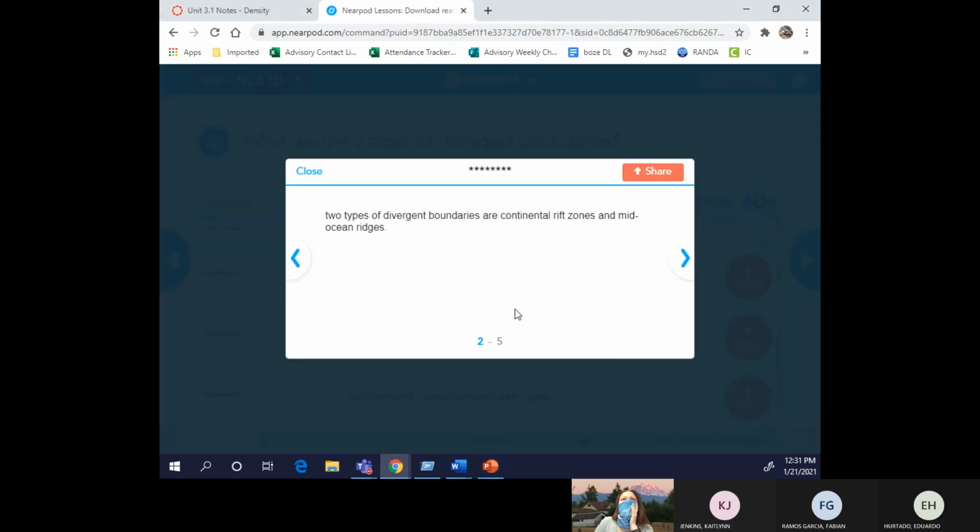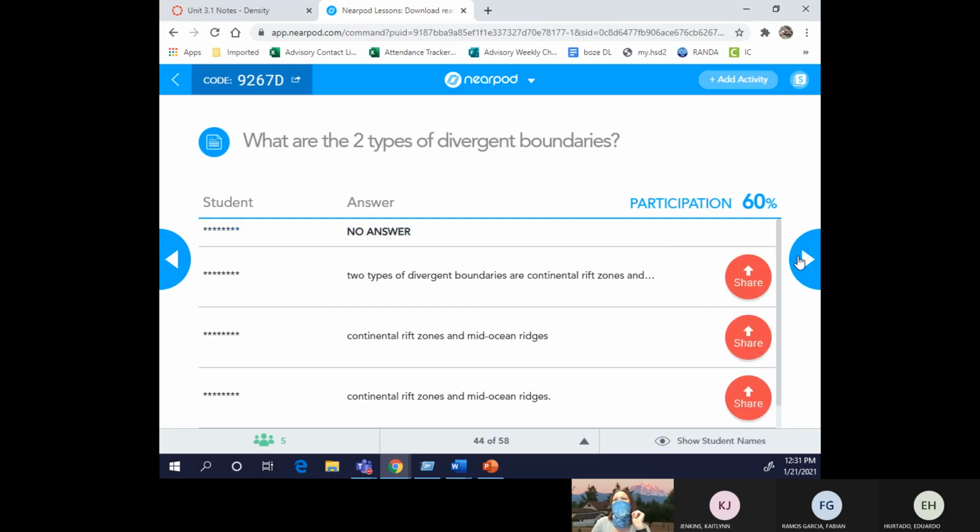Like so far so good. Two types are continental rift zones and mid-ocean ridges. You guys paid attention to my wording this time.